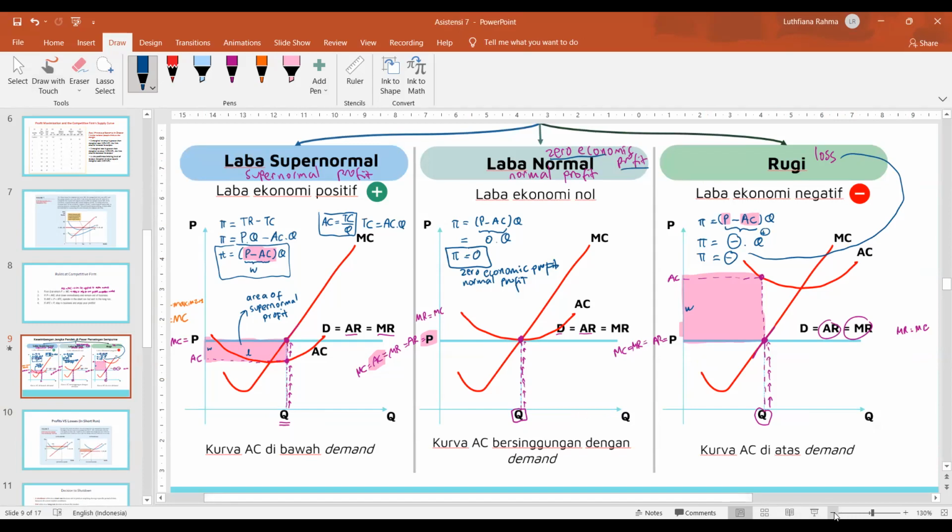So we have finished learning about the three conditions possible to be experienced by the firms in perfectly competitive markets. I hope that you could understand it, not just remember it, because there are so many concepts here that link your understanding.